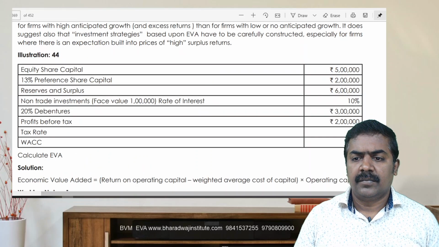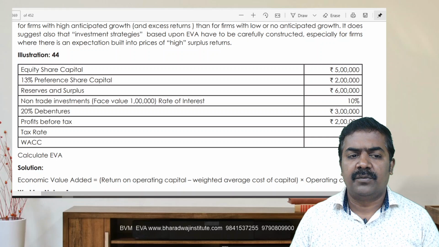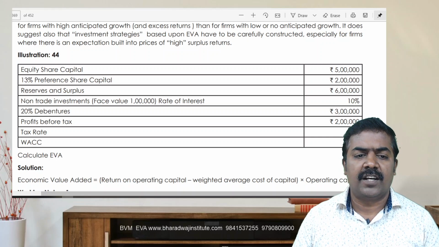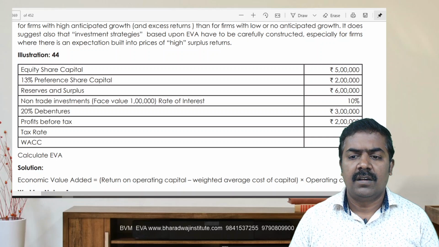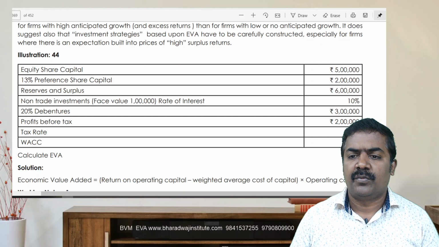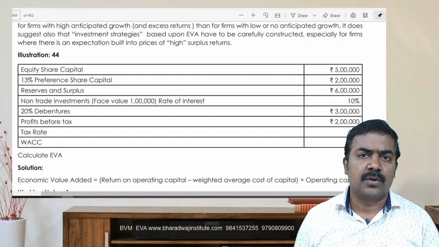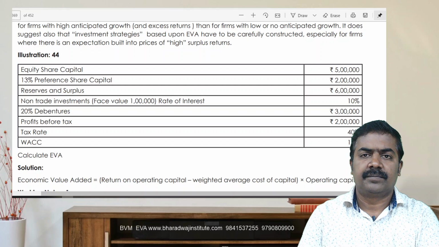So, what is the total of long term funds employed? 5 lakhs plus 2 lakhs plus 6 lakhs plus 3 lakhs. This is the total of long term funds invested.